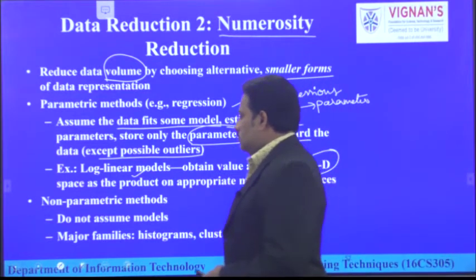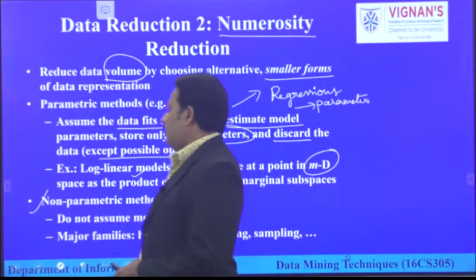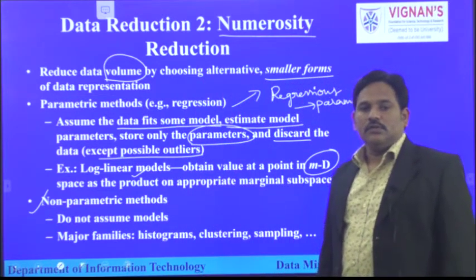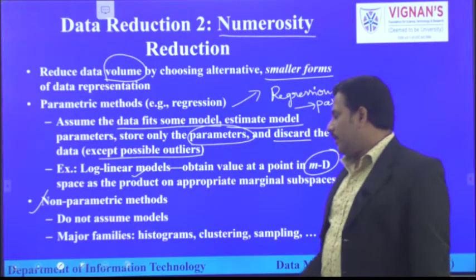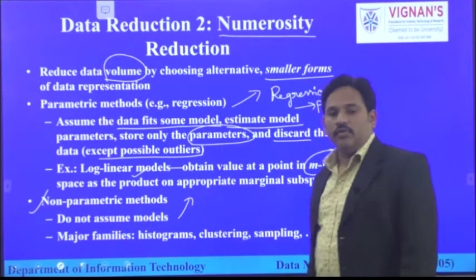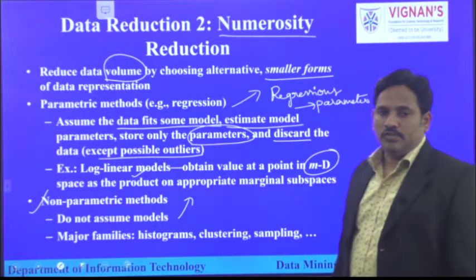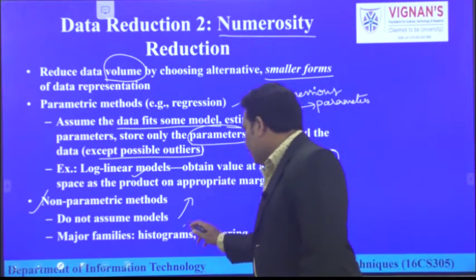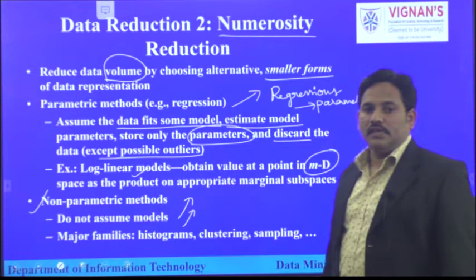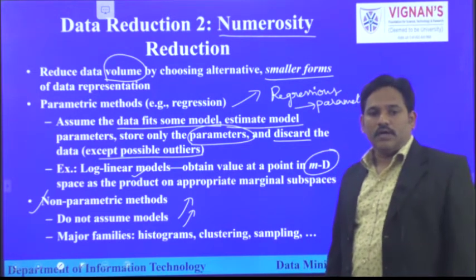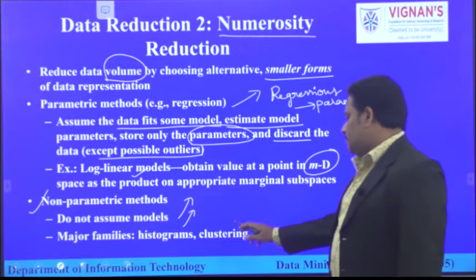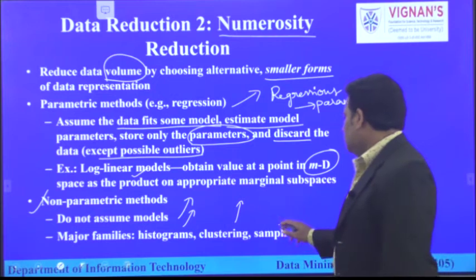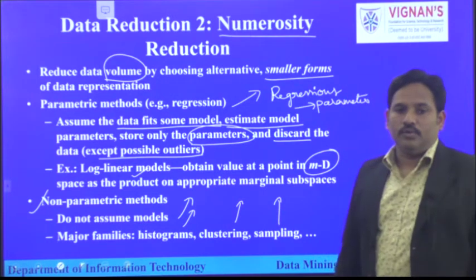And there are some alternative approaches which are not parametric models. So in these non-parametric methods, here we will not assume any predefined data model. That means randomly you can apply any one of the data models and we'll try to observe the results. And here under non-parametric approach, we can go for histogram, that is representing data values in the form of bars or bar charts, clustering, grouping of the elements based on the similarity and dissimilarity, and selection of the data based on the sampling approach.